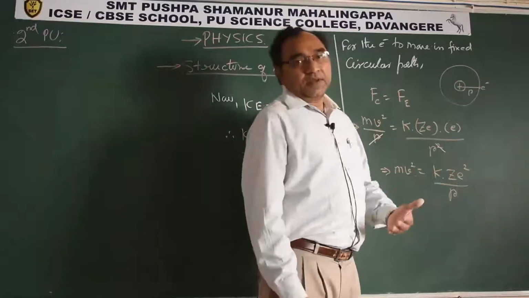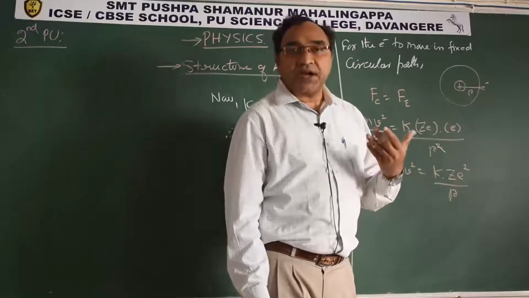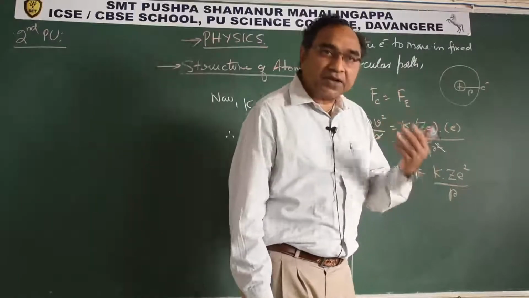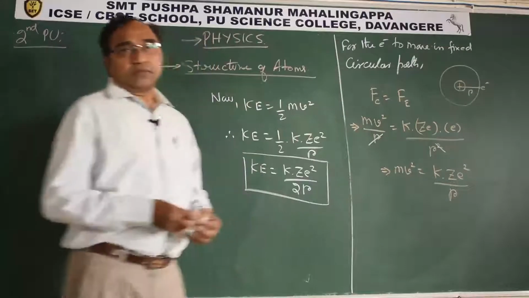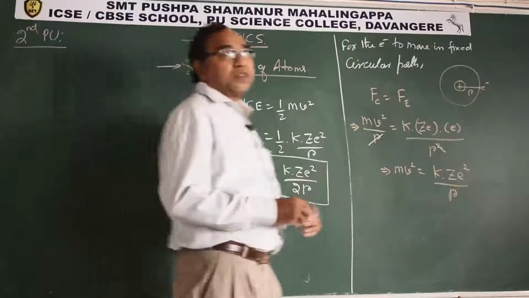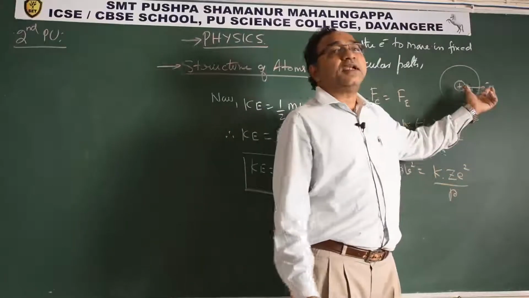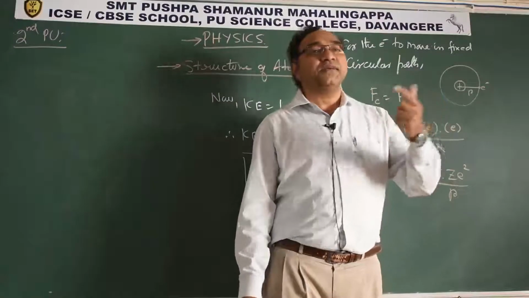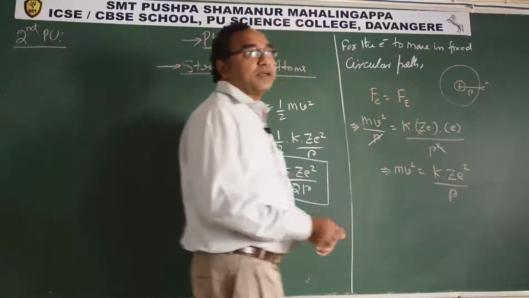Now here there is an electrostatic force, hence the potential energy is electrostatic potential energy. Here we will not take the gravitational potential energy. The force between the two is electrostatic in nature, hence the potential energy will be electrostatic potential energy.